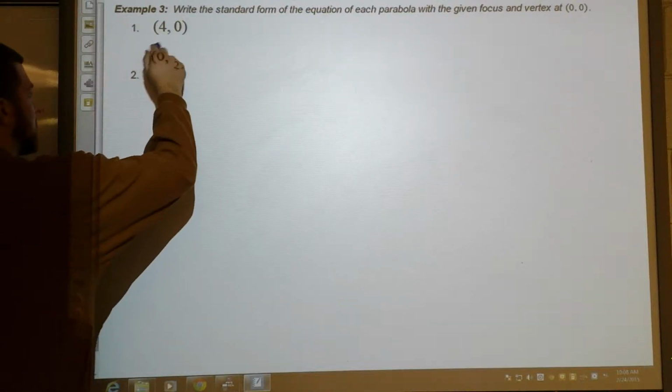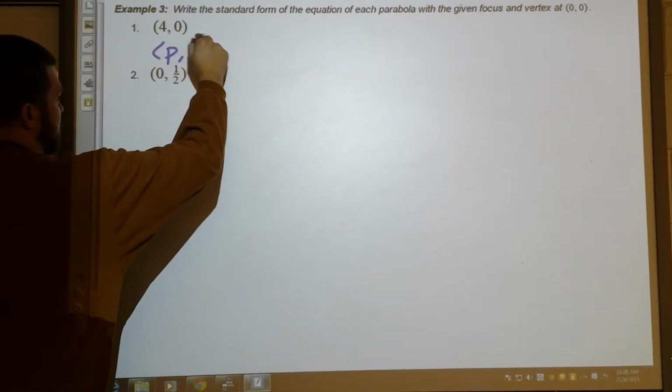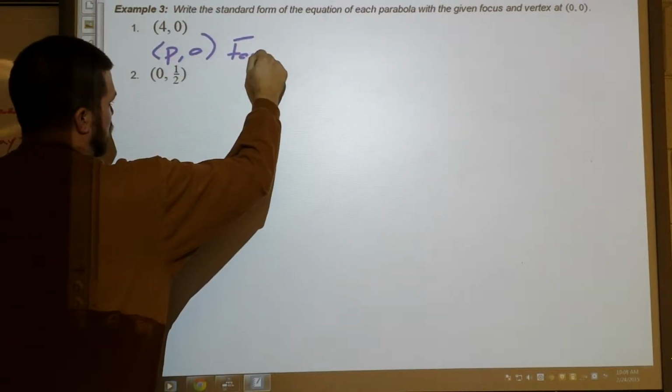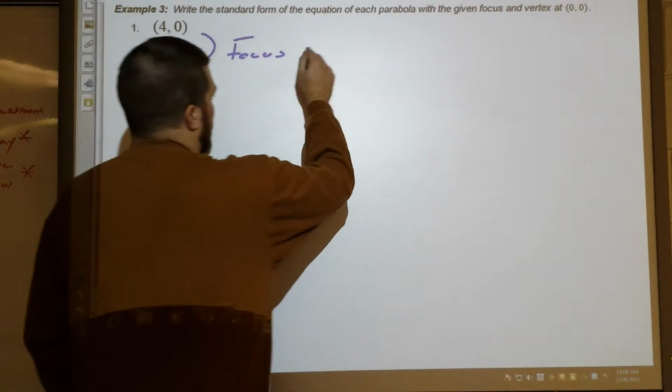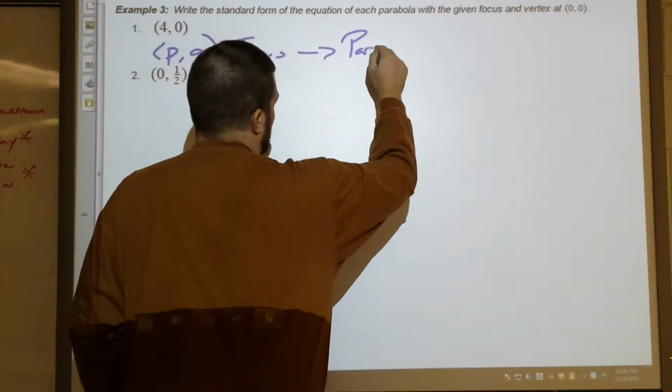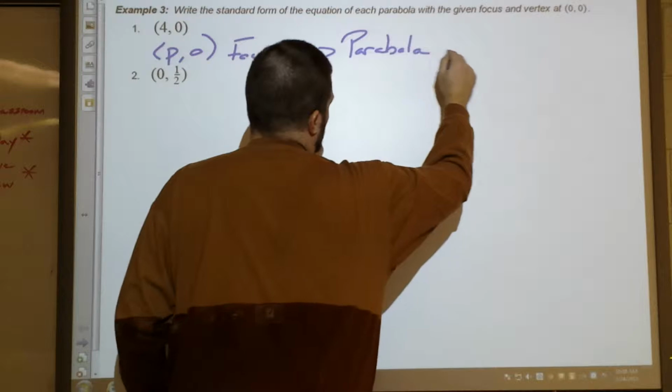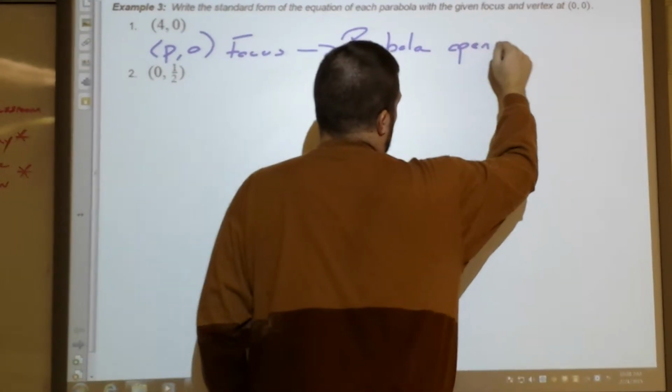We had a rule that said if our focus is at p, 0, then the parabola opens left or right.